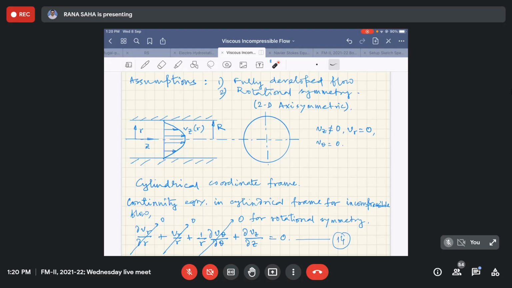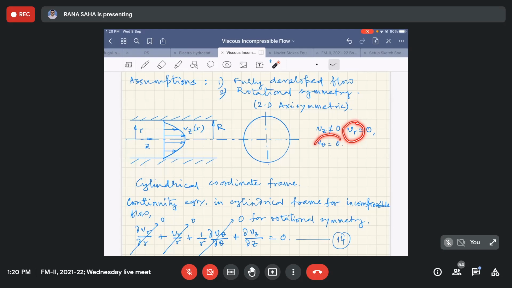That is why here also we have the 3 components of velocity vector: the axial component, the radial component Vr, and the tangential component V theta. These are the differences one may notice for the treatment of pipe flow, that is for the Hagen-Poiseuille equation or Hagen-Poiseuille flow.